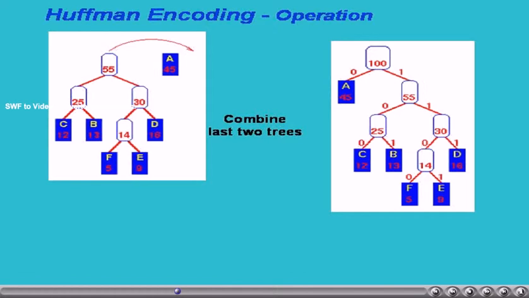For C, the code will be 0, 0, whereas for B, 1, 0, whereas for F, it will be 0, 0, 1, 1, whereas for E, it is 1, 0, 1, 1, whereas for D, that is 1, 1, 1.